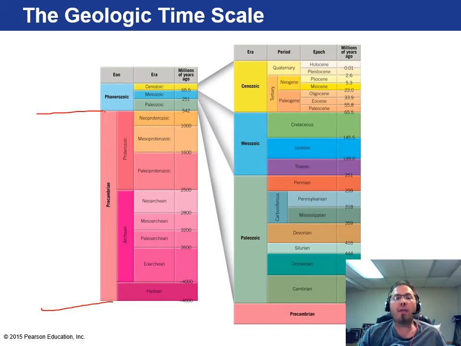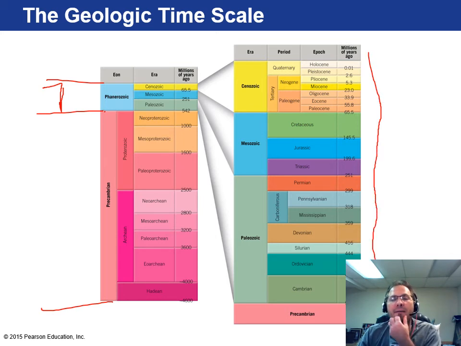So everything within the Phanerozoic, which is this section here, right? That's when life started to occur. So what they did is they broke this down, the Phanerozoic, and made it much more manageable by going through the three eras.